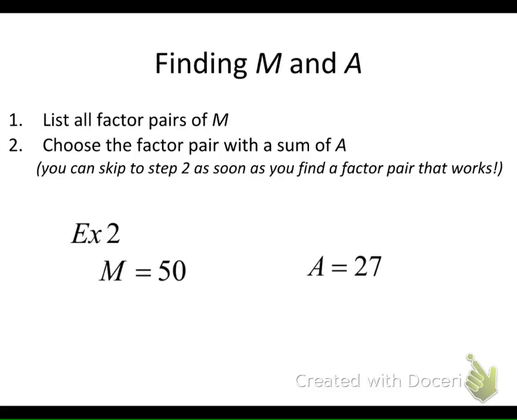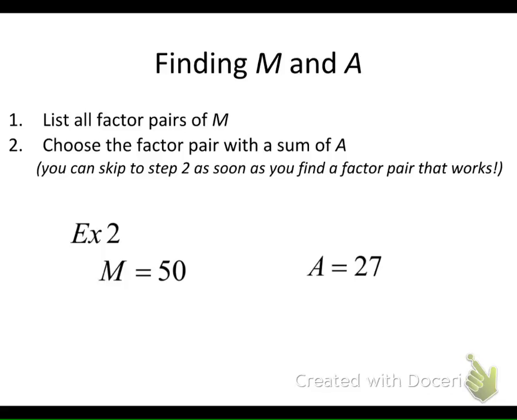All right. So what you're going to write under that finding M and A header, next to 1 and 2: 1 is going to be list all factor pairs of M. So your multiplied number, you're going to list all of the factor pairs that they have. And then you're going to choose the factor pair that has the sum of A. When you're writing out your factor pairs, if you notice that you get to one that equals the sum, you can stop writing.